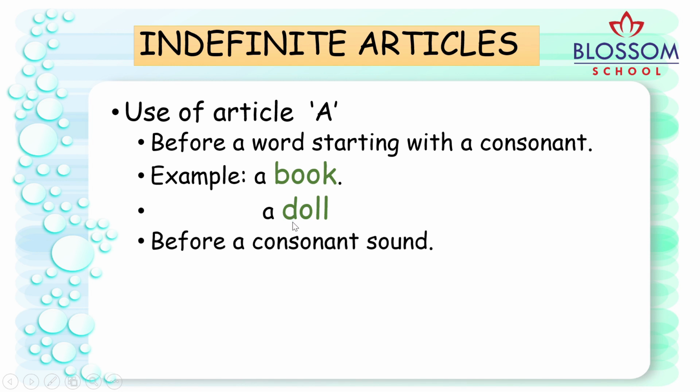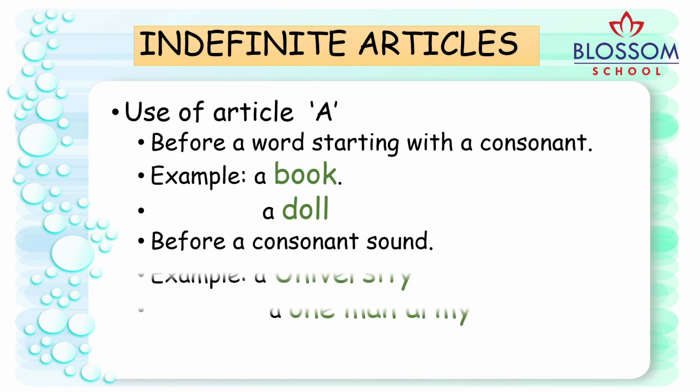We also use the article A before a consonant sound. Now what does consonant sound mean? When we pronounce the word, we get the sound of the consonant. For example, a university. Y is the sound we get, and Y is a consonant.